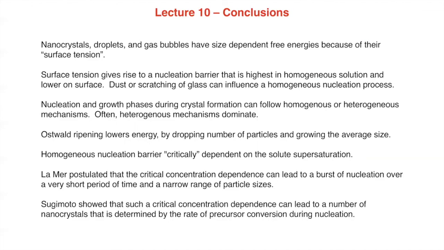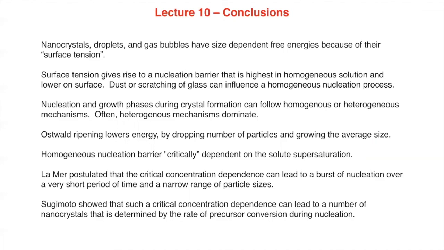But just a few conclusions. Crystals have a size-dependent free energy. Small ones are less stable, and that instability results from surface energy, the tension associated with dangling bonds at the surface of the crystal or the droplet.